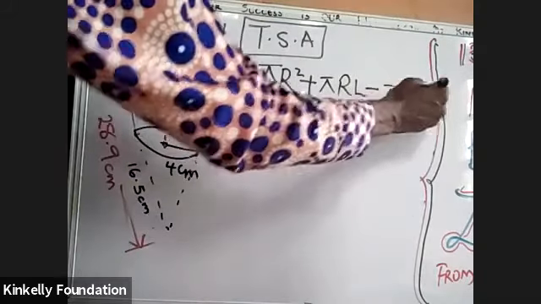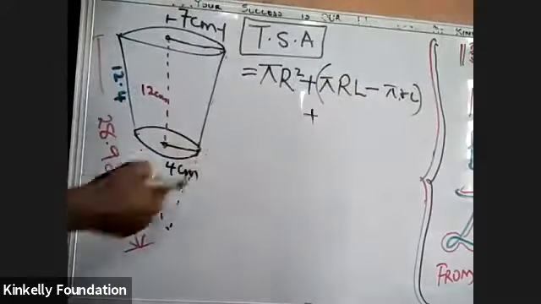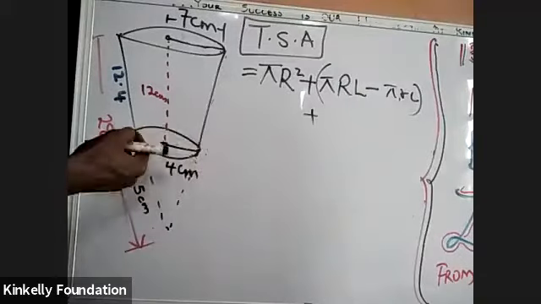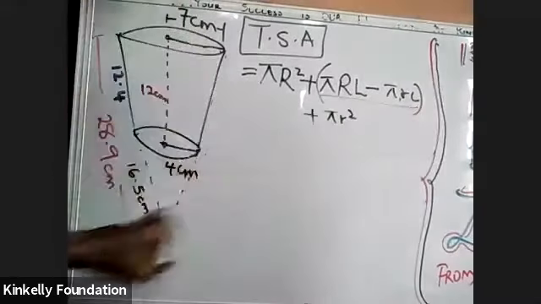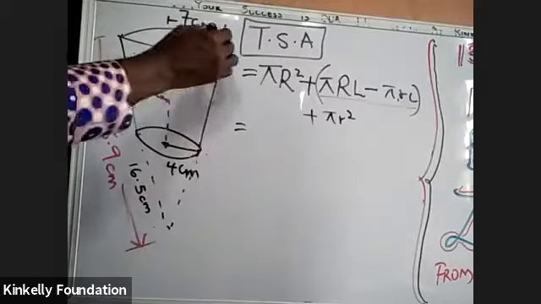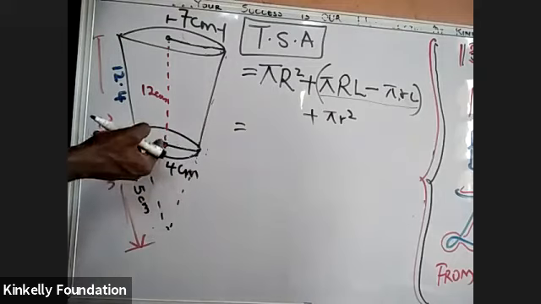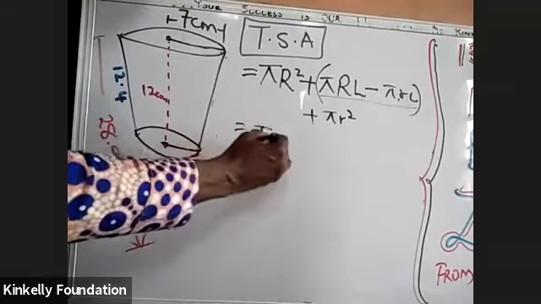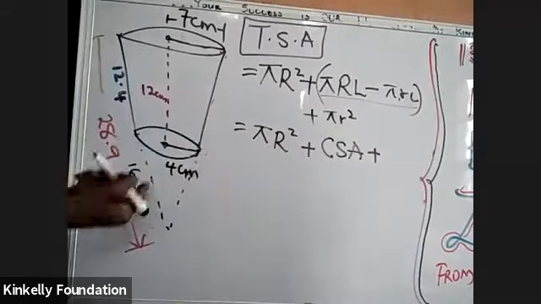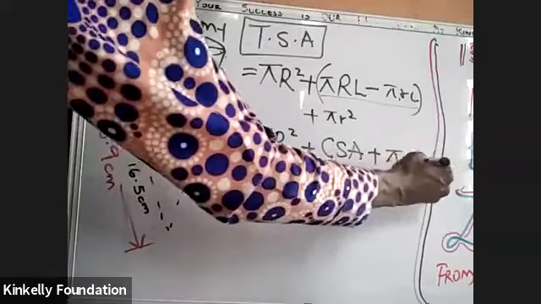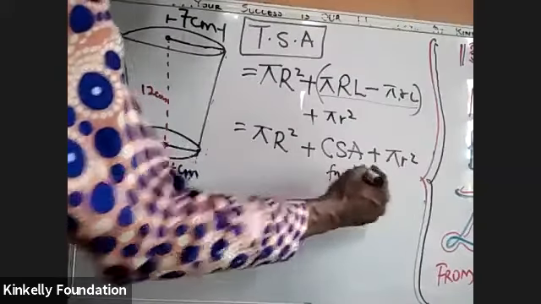Remember, we have this already. Plus the top base, plus the CSA we calculated, which is that of the frustum which we calculated before now.